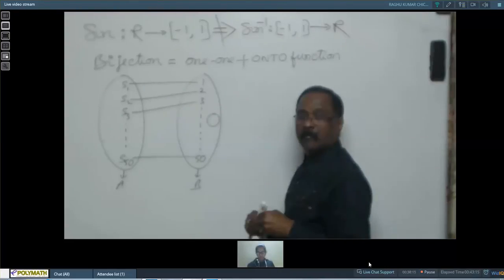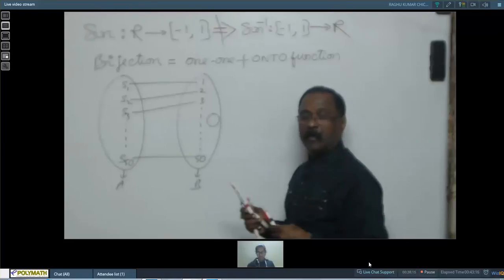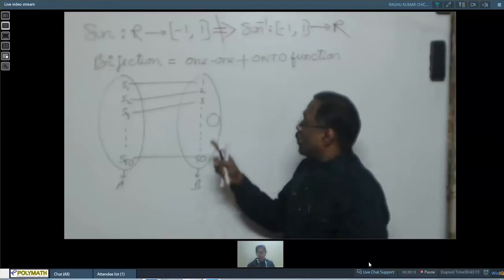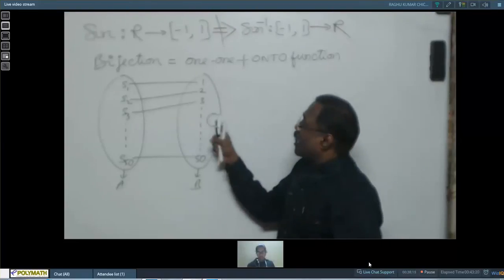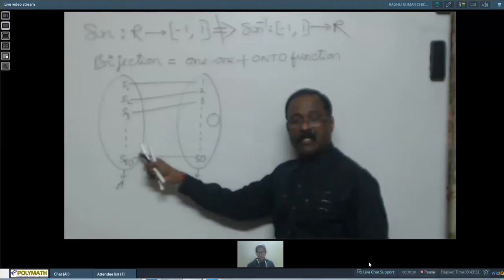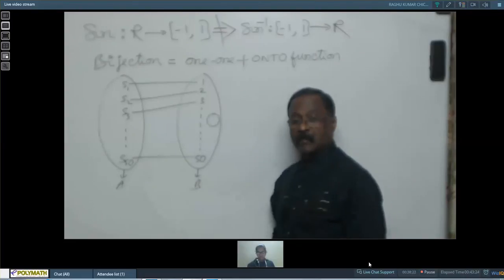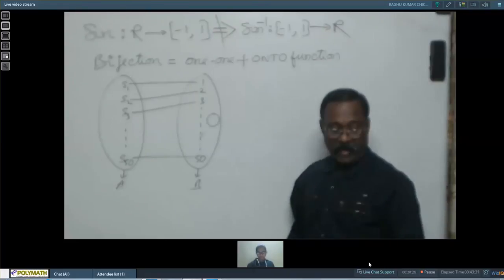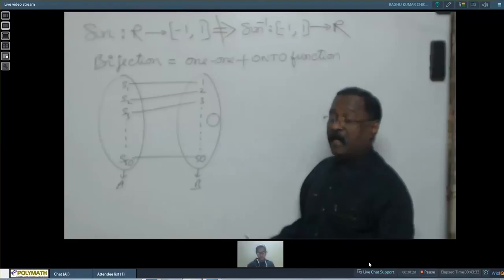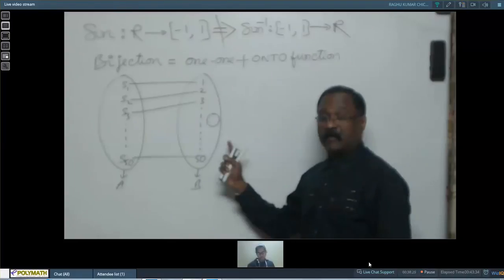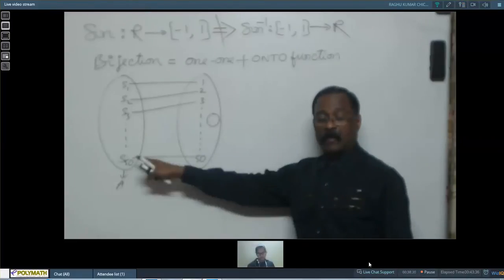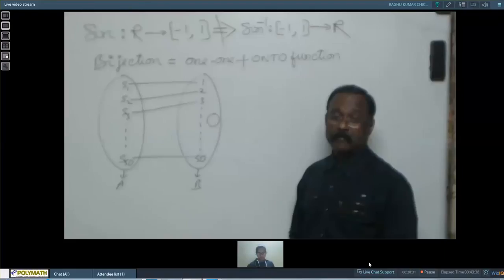Then you tell me whether he will have a roll number in your attendance register. No, sir. Then he will not have a preimage. Then it is not an onto function. Remember that. If any element does not have a preimage, then it is not an onto function.